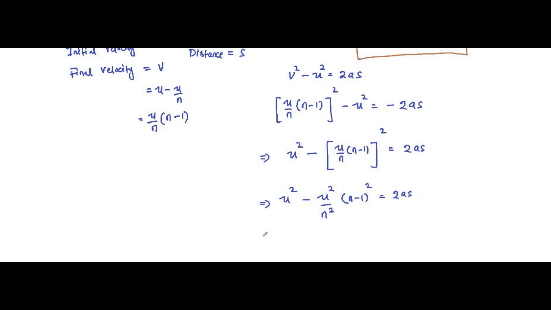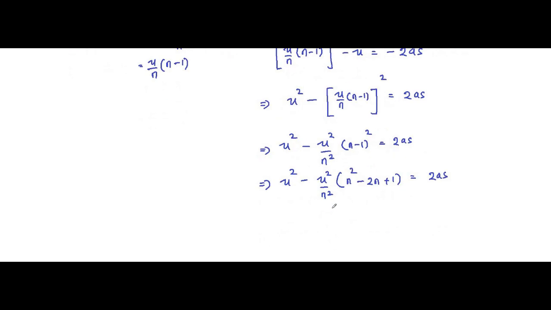That implies u square minus u square by n square, n square minus 2n plus 1, is equal to 2as.